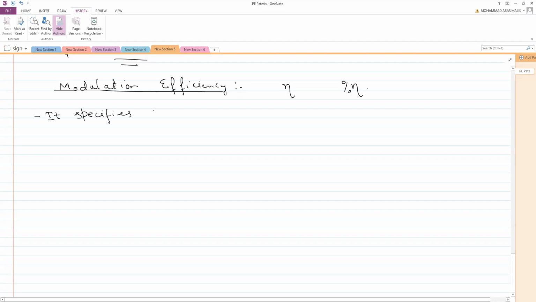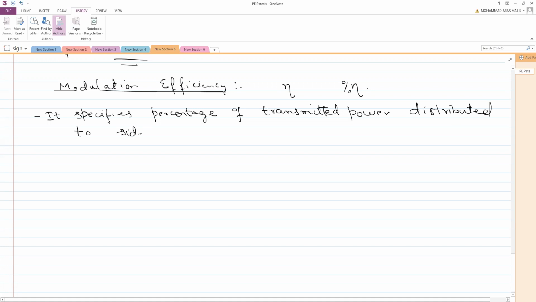it specifies the percentage of transmitted power distributed to sideband frequency components.